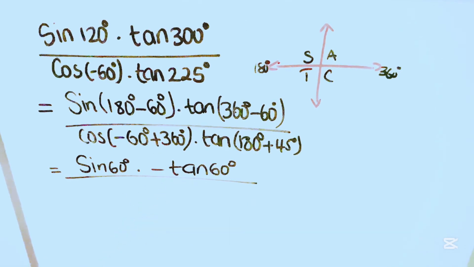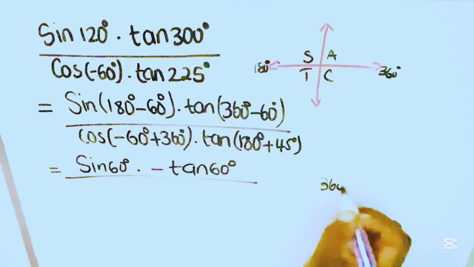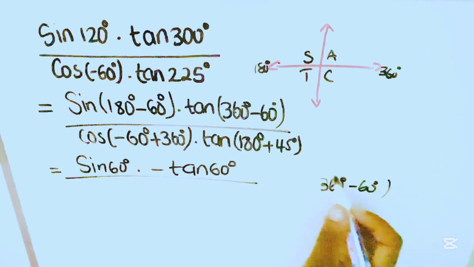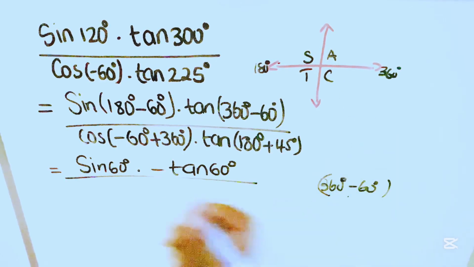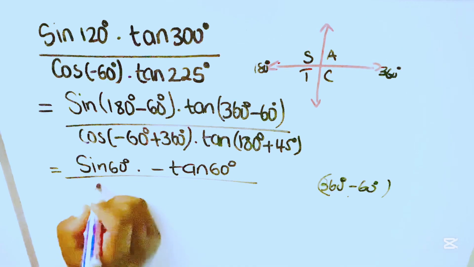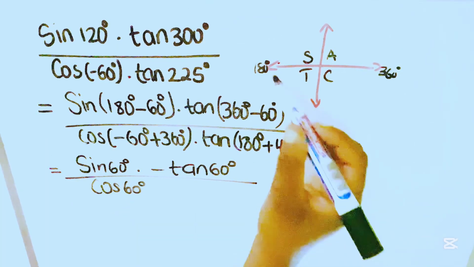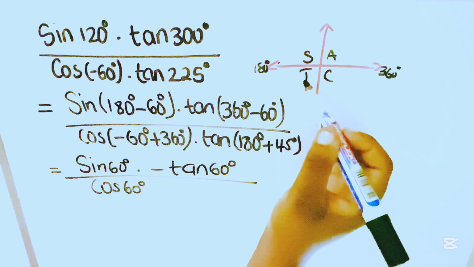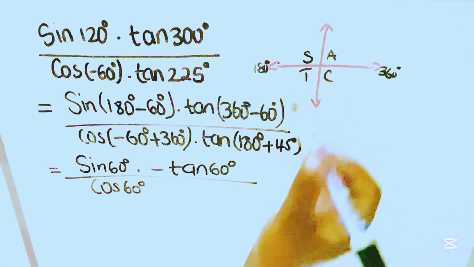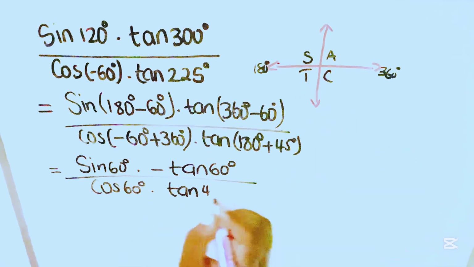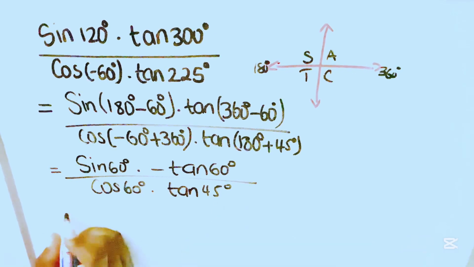When you add, the ordering of the number doesn't matter, so this is the same as 360 minus 60 degrees, which is the fourth quadrant, and the cos is positive, so we'll have cos 60. 180 plus is in the third quadrant, whereby the tan is positive, tan positive 45 degrees.